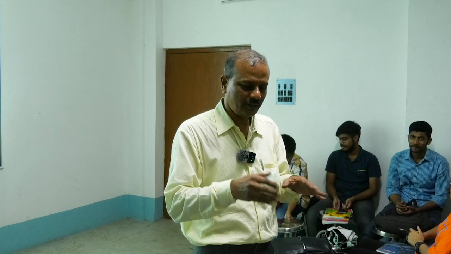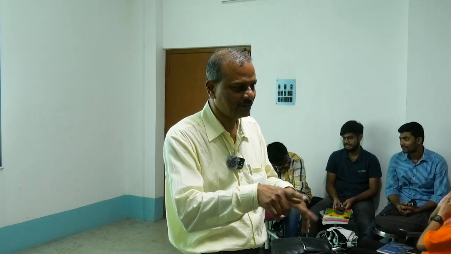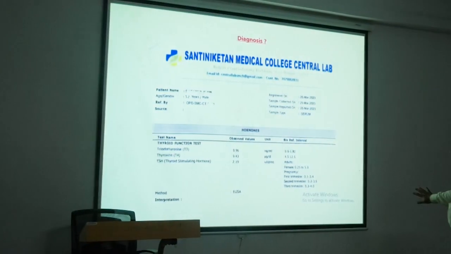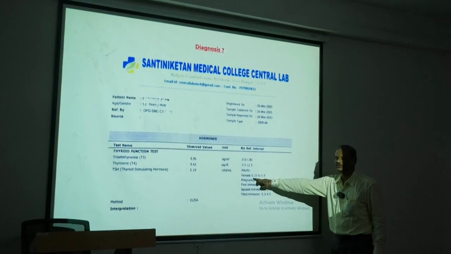If you check five laboratories, you will find different biological reference values. The problem is that this reference value has to be found out in a geographical region, and that is not done. They take the value from the literature and simply put it in.